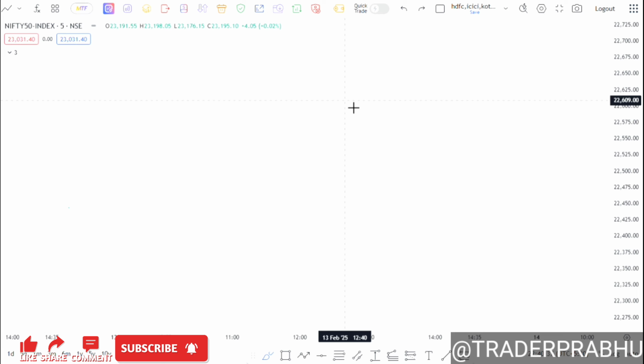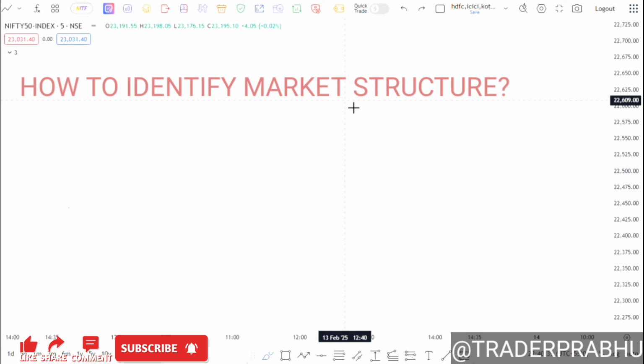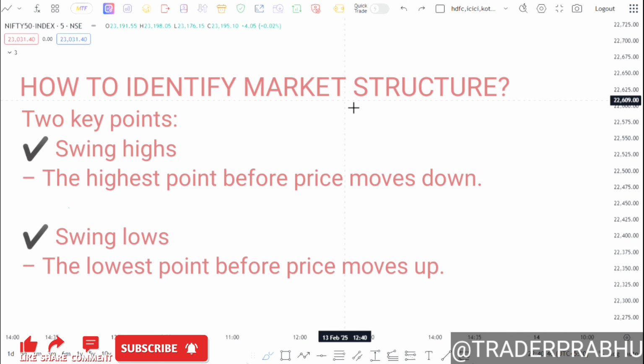Now, how to identify market structure. To read market structure, we focus on two key points: swing highs and swing lows.